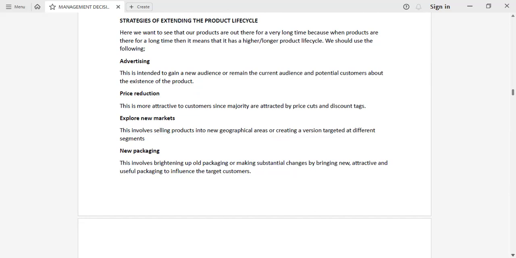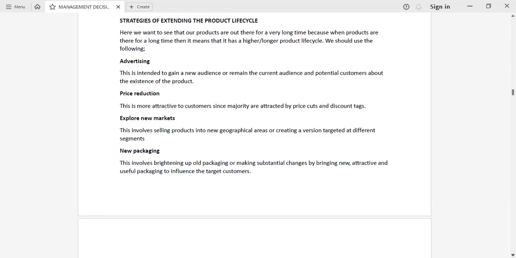One is advertising. We've been talking about advertising, because what we need to understand here is that we want our products to be on the market for a long period of time.